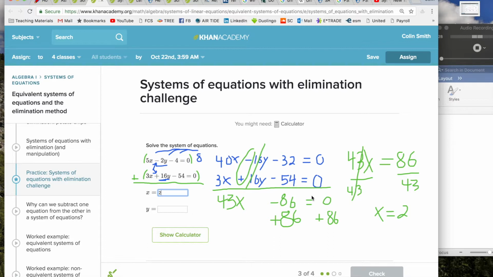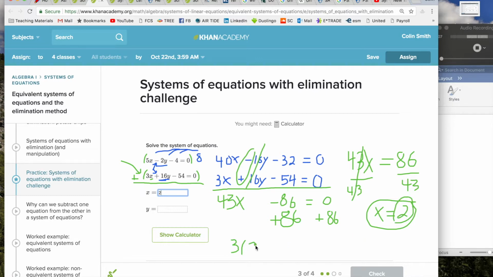Now the way that we get the other box, which is y, we want to solve for y. So what we need to do for that is take our value of x equals 2 and plug it into one of our equations. Why don't we pick the bottom equation? Because we already worked with the top equation. So we just recopy that original equation, but instead of putting x here, we're going to plug in the value we found for x, which is 2.